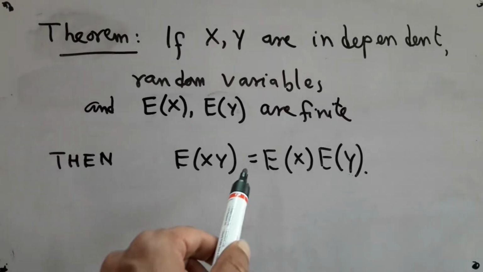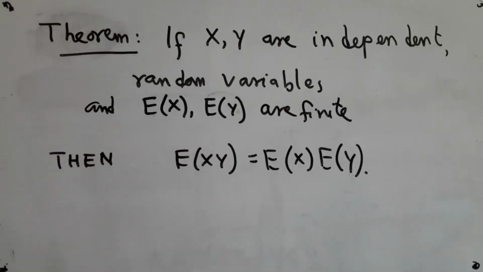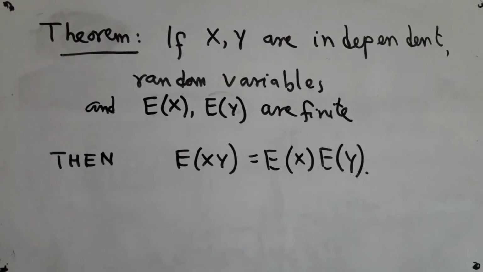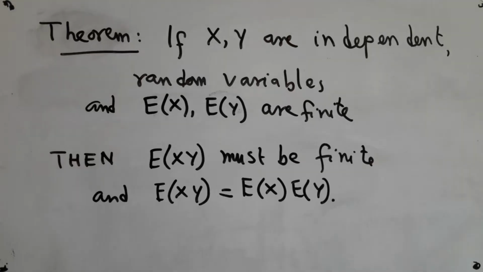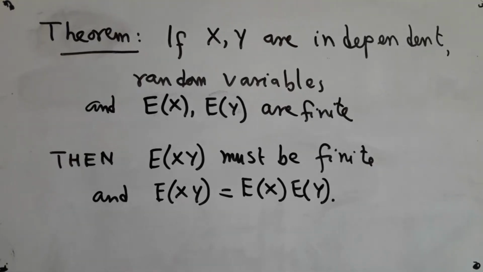Observe that I have not assumed existence of expected value of XY. That is actually also part of the implication. So writing more explicitly, we should say expected value of XY must be finite and then our usual equality.